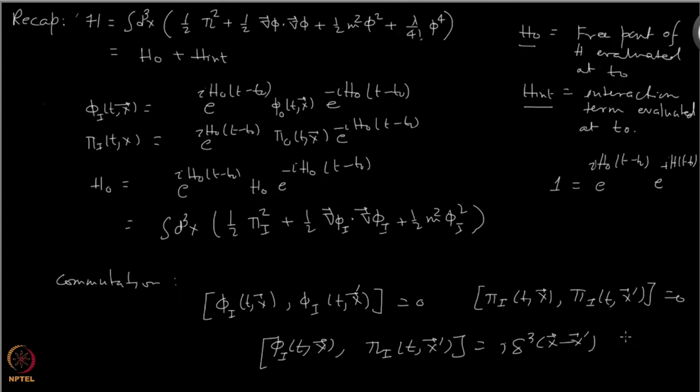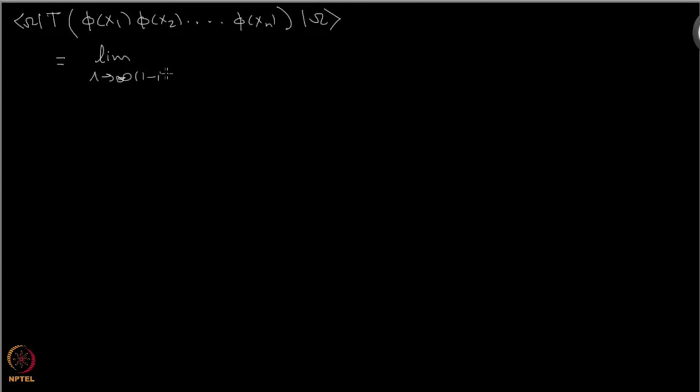Okay, and then we further use this to write down Green's functions or correlation functions in the full theory, which we write as follows. So these are basically the vacuum expectation values of time ordered products of a number of fields. And here omega is the vacuum of the full theory, the interacting theory. Okay, and the fields are in the full theory, and we saw that we could write it as follows.